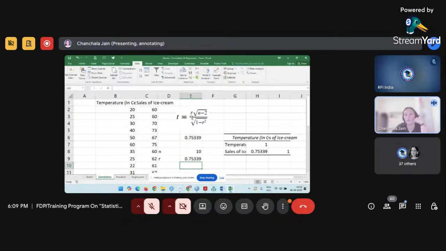Now we need to perform this. Suppose I'm firstly calculating the numerator. What numerator says?